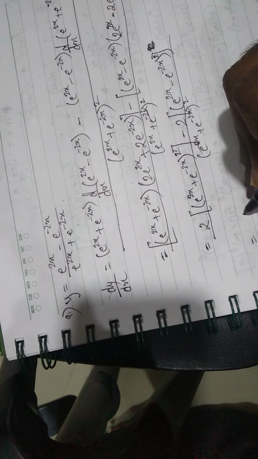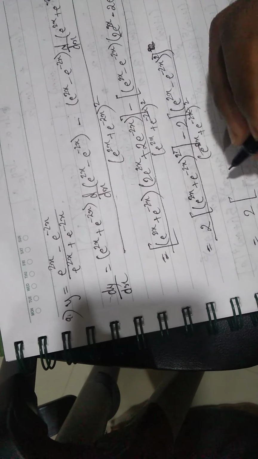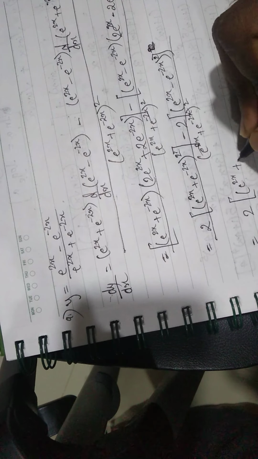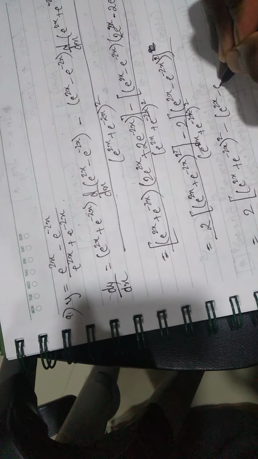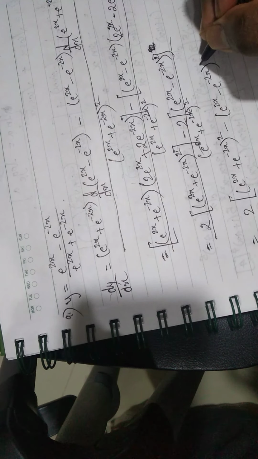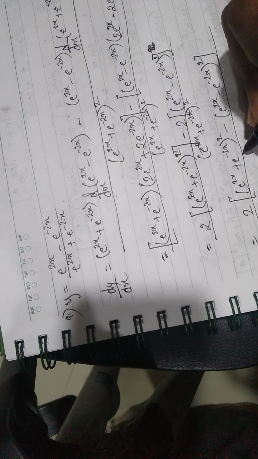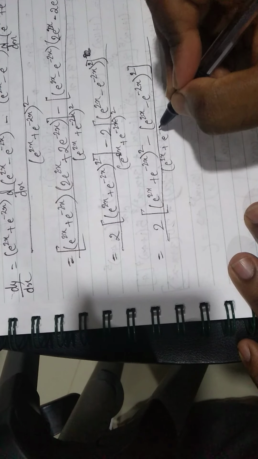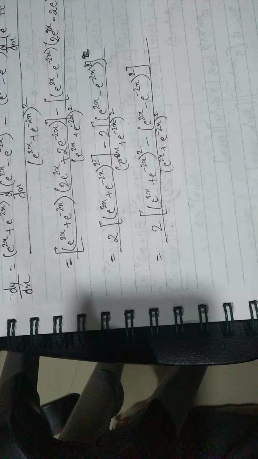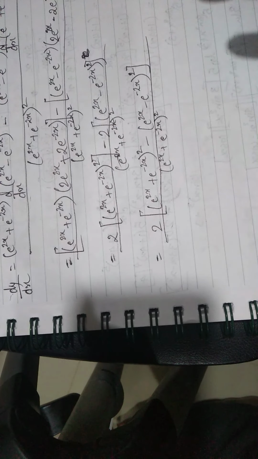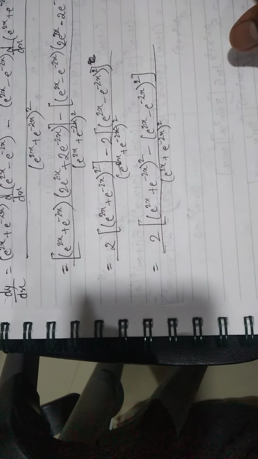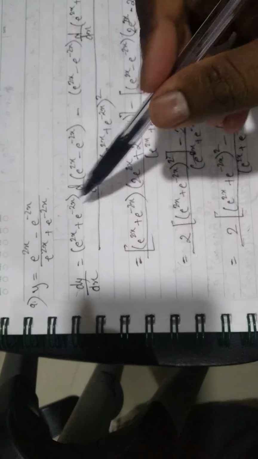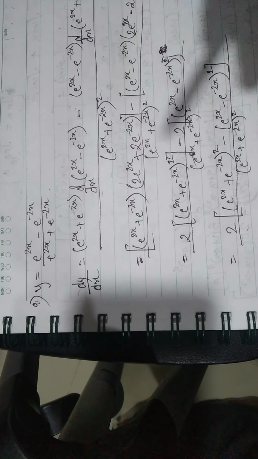Alright, so this 2 can be common from here, so you will have e raised to 2x plus e raised to minus 2x, the whole square, minus e raised to 2x minus e raised to minus 2x, the whole square, the whole upon e raised to 2x plus e raised to minus 2x, the whole square. So you can work this problem out in this way, and now if you want, you can separate the denominators, these terms will get cancelled, all those gymnastics you can try by yourself. But I hope you understood how to work with quotient rule and composite functions.